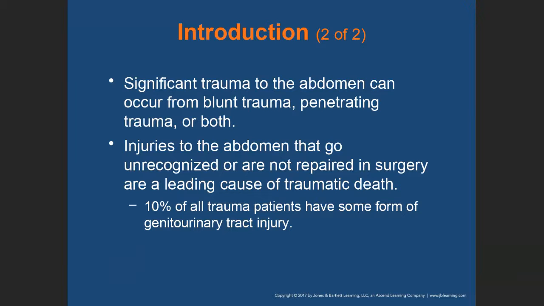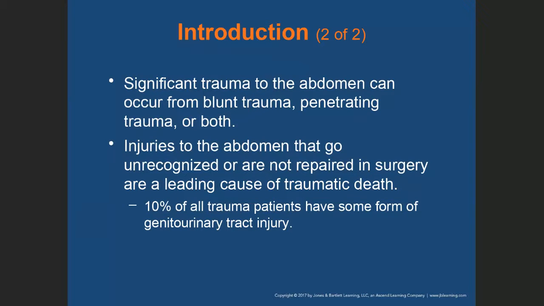Introduction, continuing. Significant trauma to the abdomen can occur from blunt trauma, penetrating trauma, or a combination of both. Injuries to the abdomen that go unrecognized or are not repaired in surgery are the leading cause of traumatic death. So it's a very large compartment. You have solid organs within that area, and you have your hollow organs.